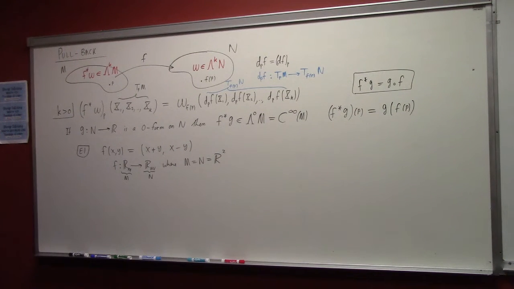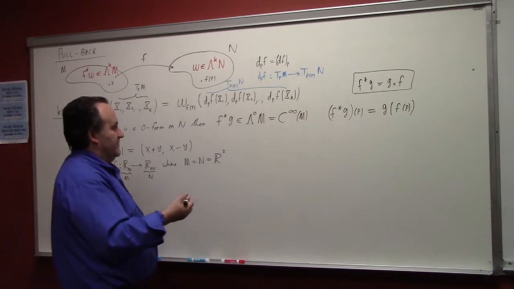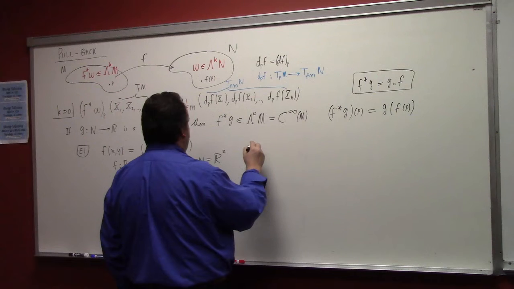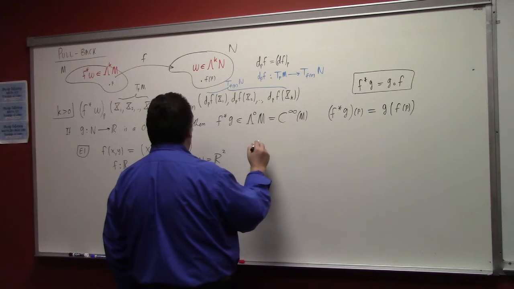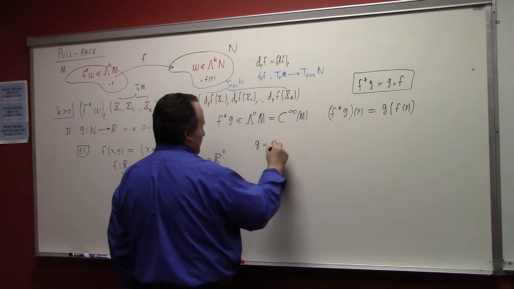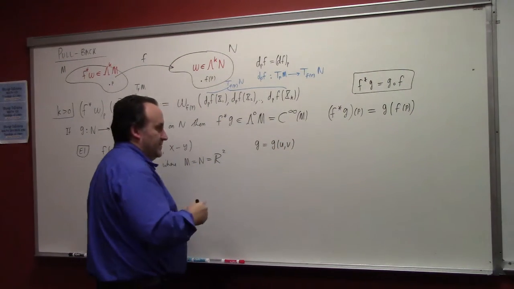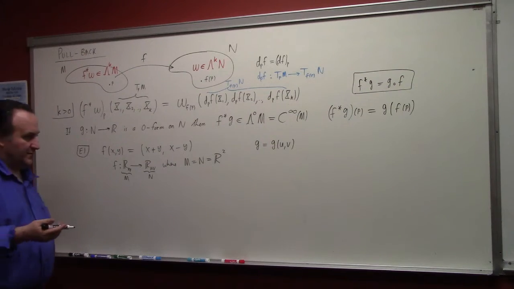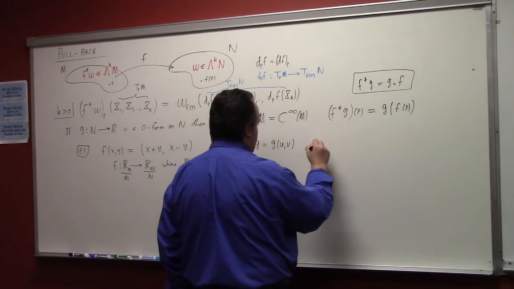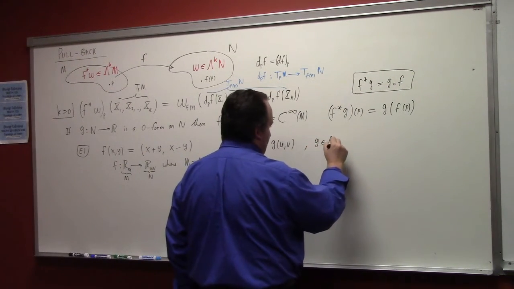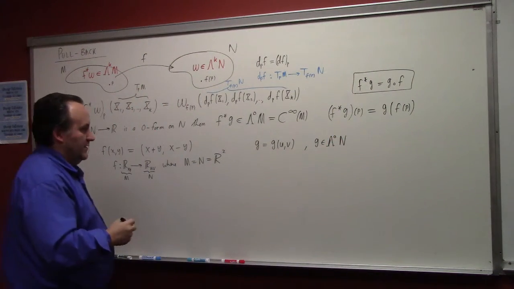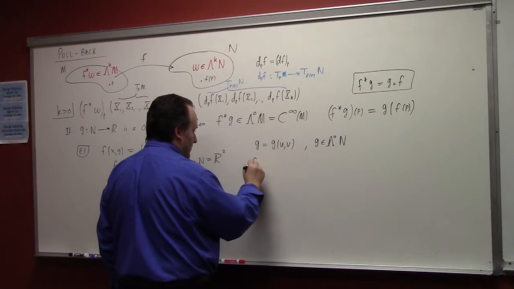So to take this thing for a spin, let's start out with zero forms. We're supposed to take a function. So we think about g basically equal to a function of u and v. If you allow me that notation, g is an element of the zero forms on N. What would the pullback look like?